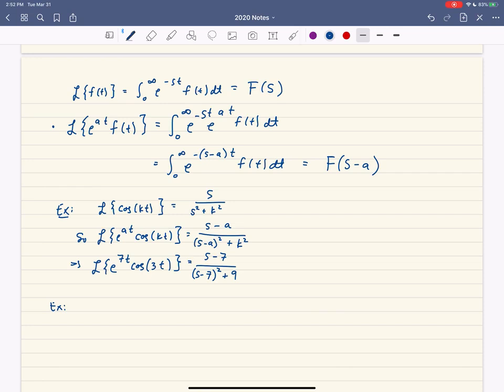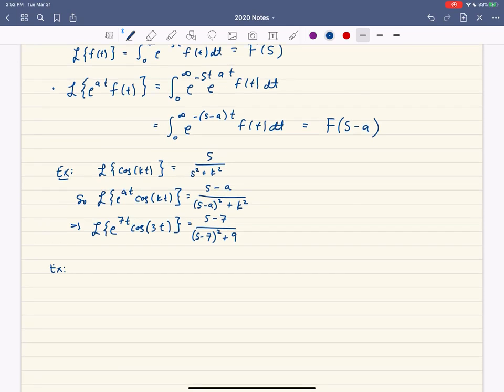Let's talk about a few of the other ones. If we were to have e to the at times t to the 6th, it's helpful to remember that the Laplace transform of t to the n is n factorial over s to the n plus 1.